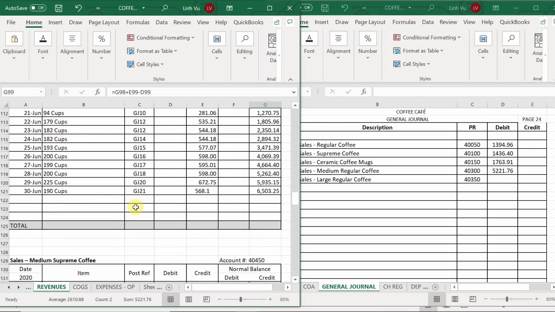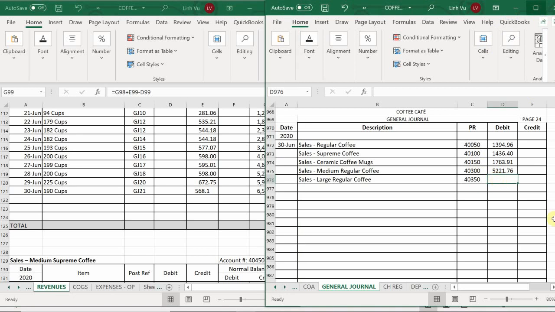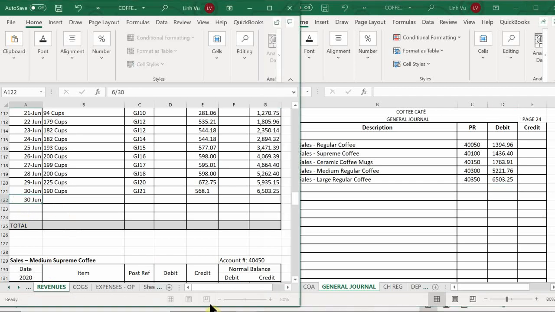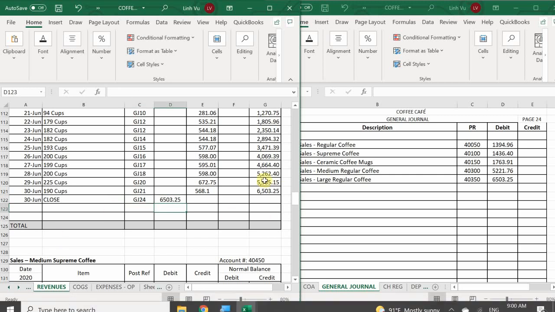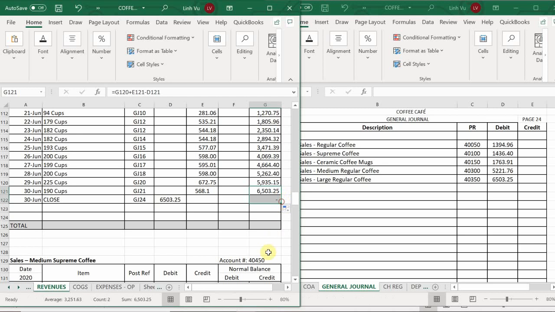How much do I need to debit this account for? $6503.25. Good.